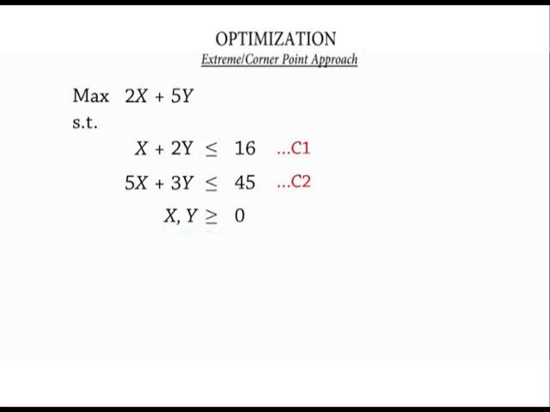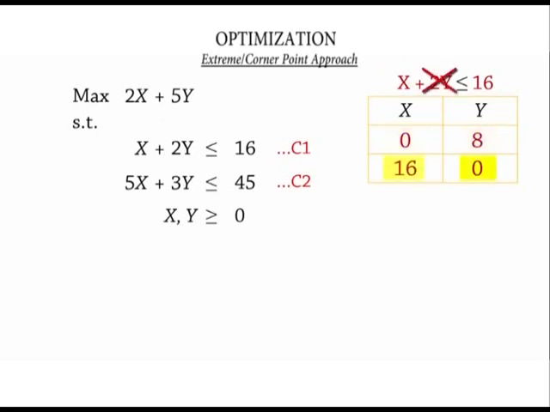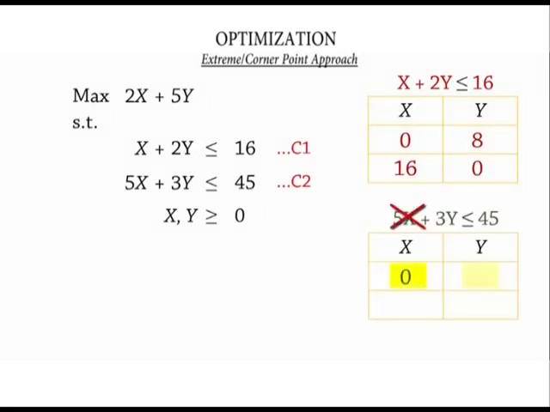To solve these, as usual, we first find the points for the lines that satisfy the constraints. For C1, when x is 0, y will be 8, and when y is 0, x is 16. For the second constraint, when x is 0, y will be 15, and when y is 0, x will be 9.